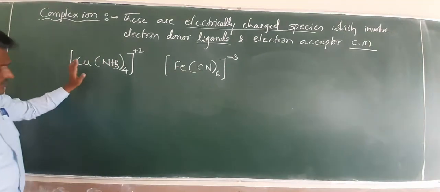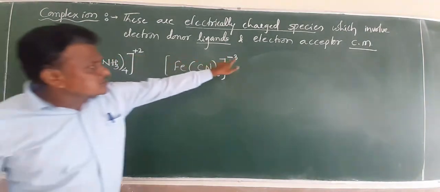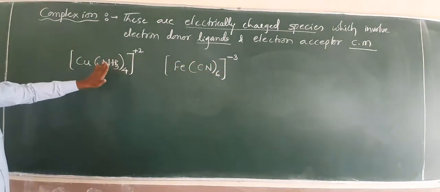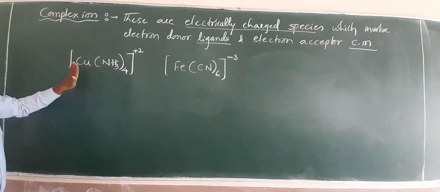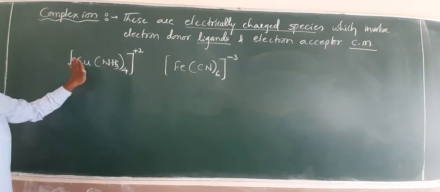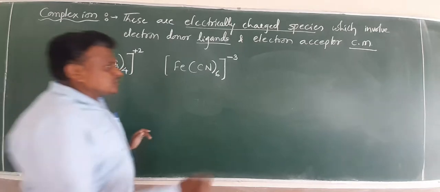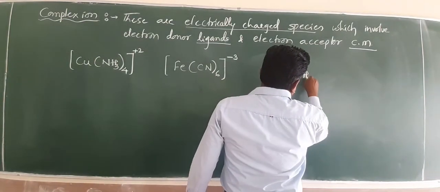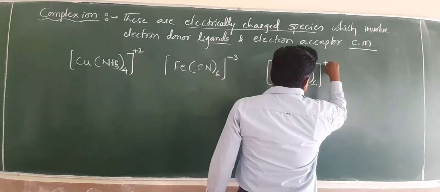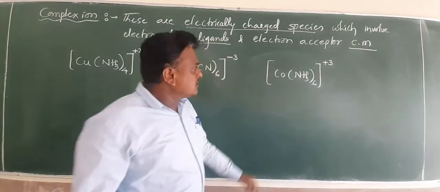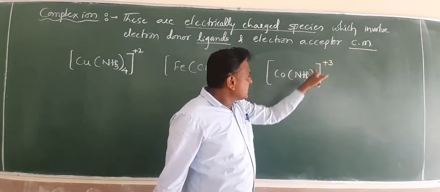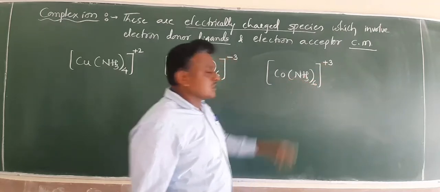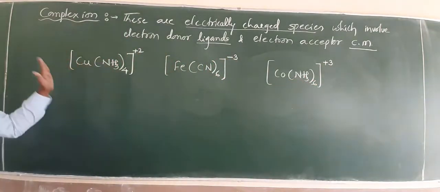I come to the definition. These are electrically charged species which involve electron donor ligands and electron acceptor central metal. These are the complex ions. And we have another example if you want: [Co(NH3)6]3+. Here this has a positive charge, ammonia is a ligand, and cobalt is the metal. These are known as complex ions.